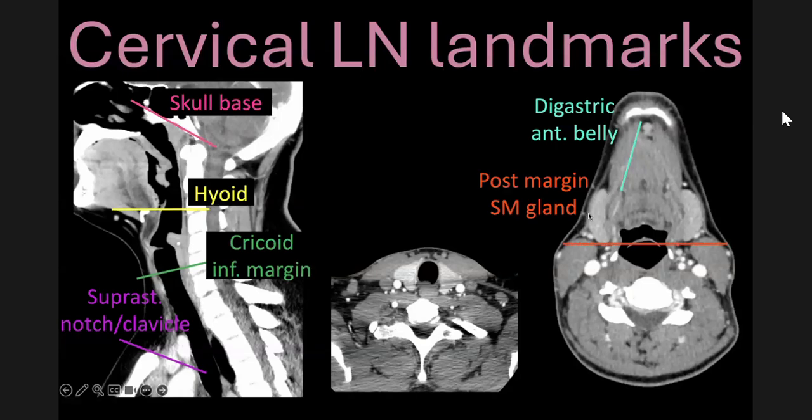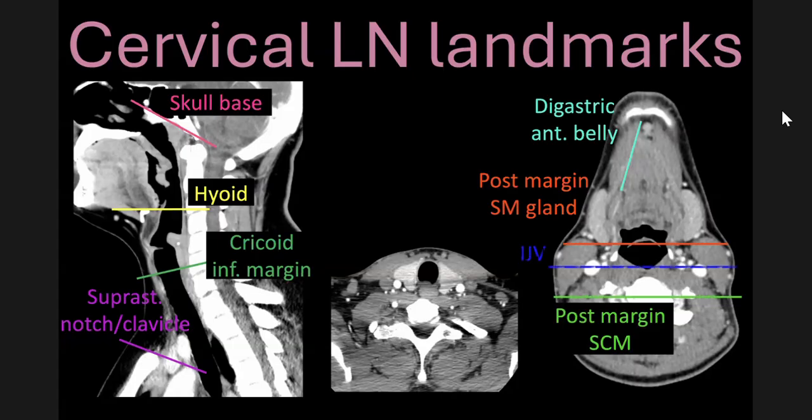Right here, this is the submandibular gland, and the posterior margin of the submandibular gland is another landmark that we use to divide these lymph nodes. Then we have the posterior margin of the sternocleidomastoid muscle, and then anterior to that, we have the internal jugular vein that will be used in dividing these lymph nodes. Then side to side, or laterally, we have the medial margin of the internal carotid arteries that will be used to divide these lymph nodes.